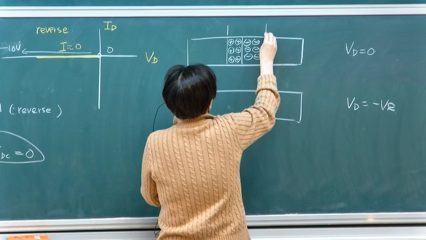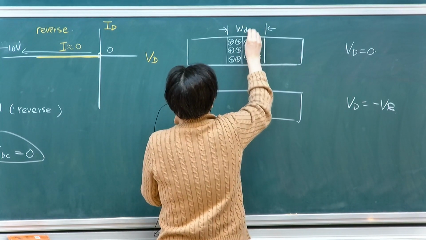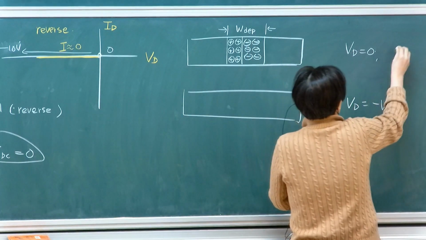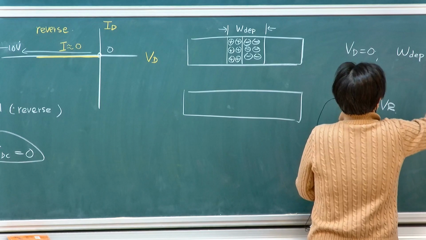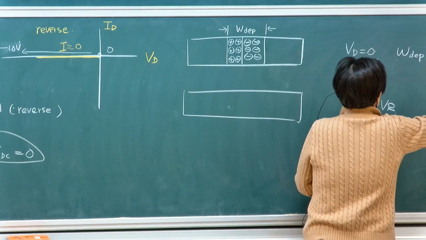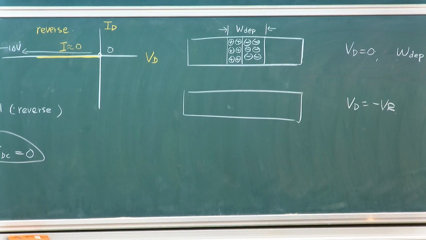So we define this as the depletion width at equilibrium, which is Xn plus Xp.